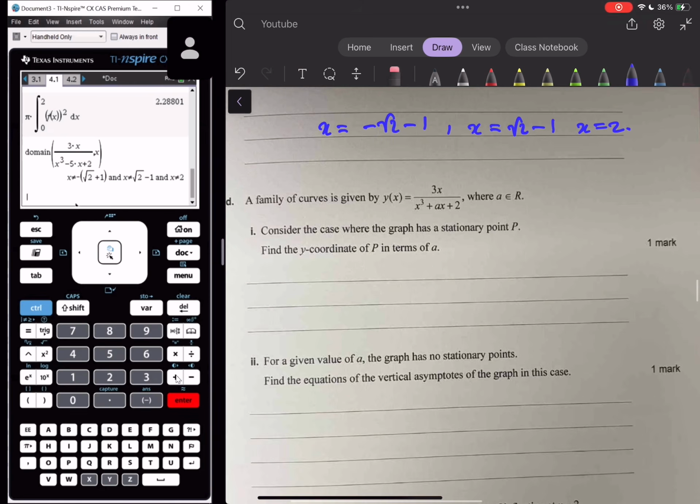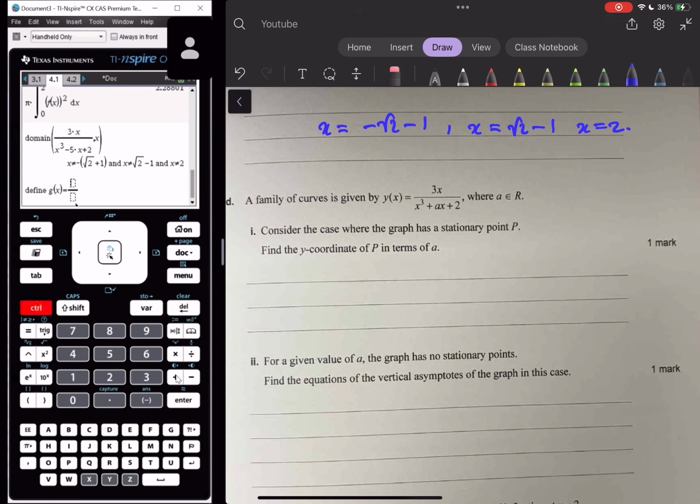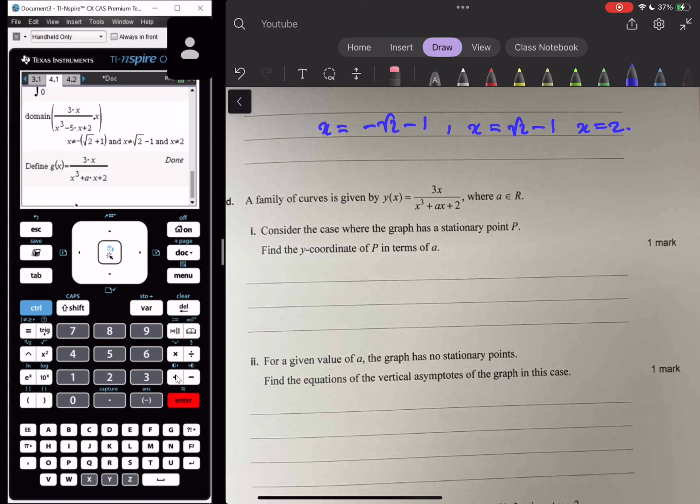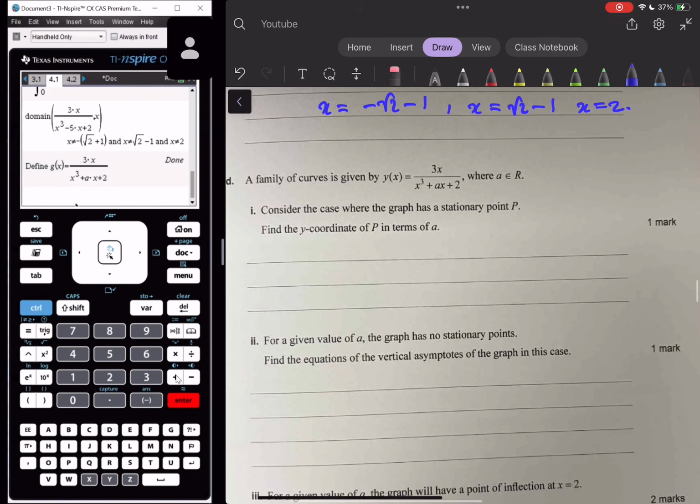Part D: a family of curves is given by y of x equal to this. Let's define a new function, g of x equals 3x over x cubed plus a times x plus 2. Consider the case where the graph has a stationary point P. Find the y coordinate of P in terms of a.